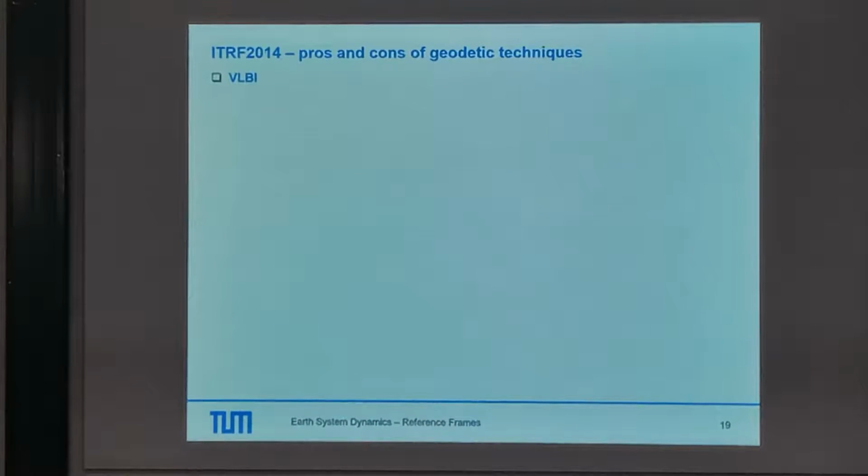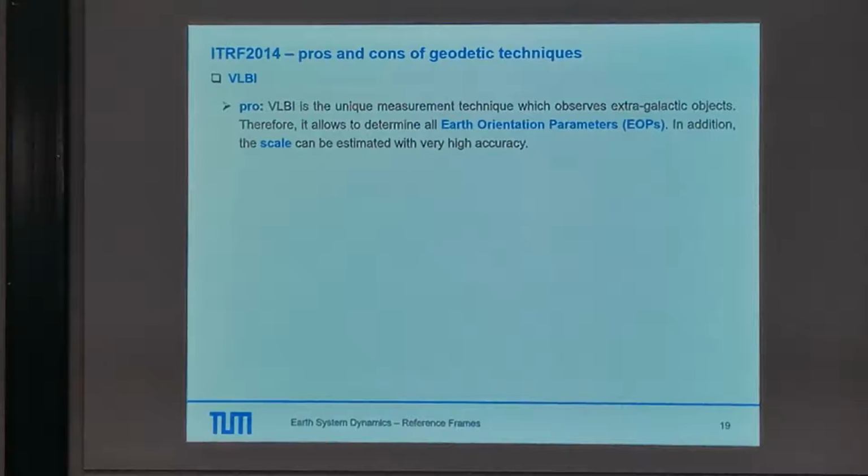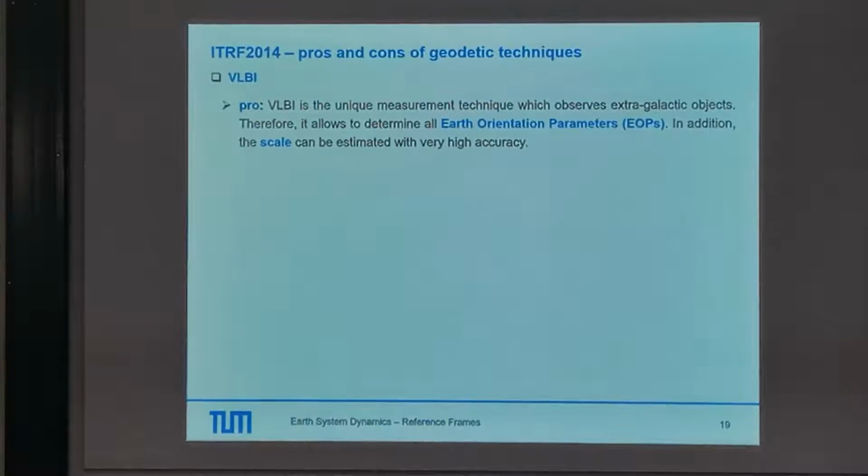What are the pros and cons of the different techniques? We heard this a little bit in the last lecture already. In case of VLBI, the advantage is for sure that VLBI is sensitive to all the Earth orientation parameters we have, since we observe extragalactic quasars from crust-fixed stations, and the EOPs describe the transformation of the rotation between the crust-fixed and the inertial frame.